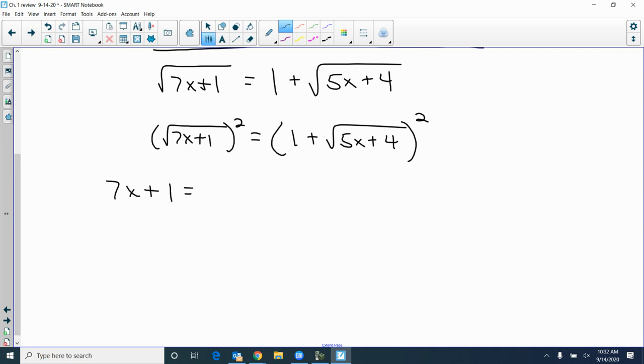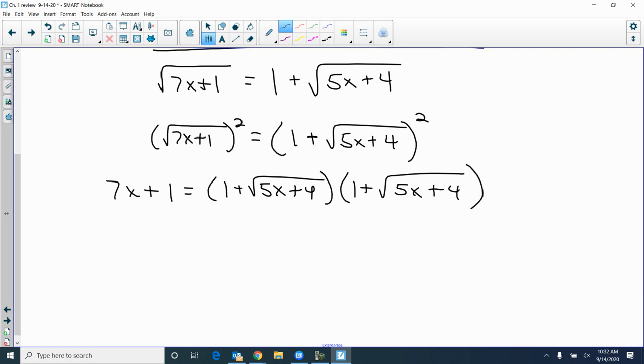I'm going to write the right hand side out just for notes. Do as you need to do. Okay, so it's a FOIL problem. 7x plus 1 still on that left-hand side.